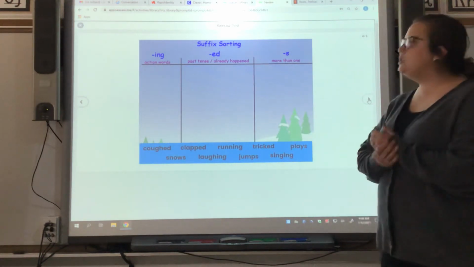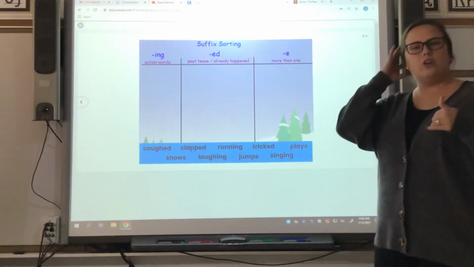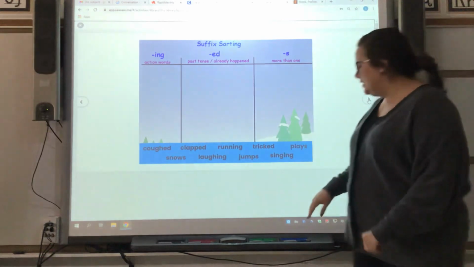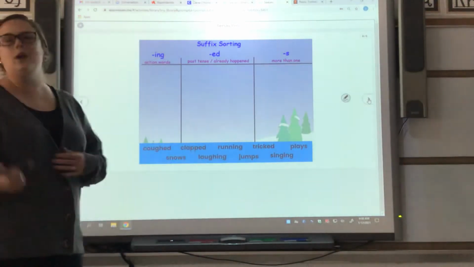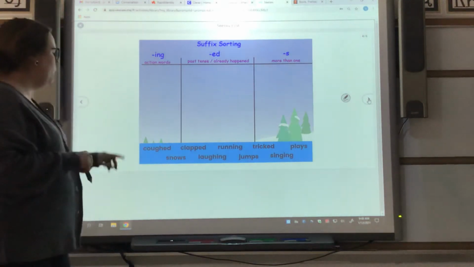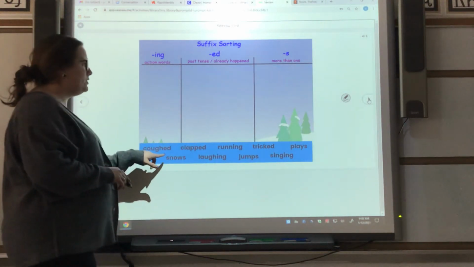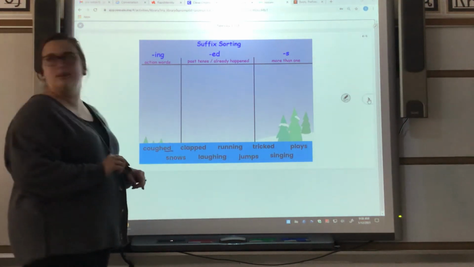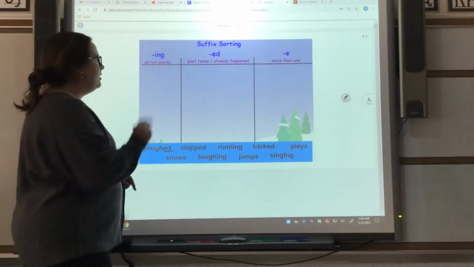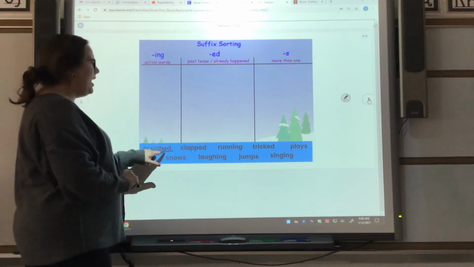All right, and we have a sort right here. We're going to do a few together, and then you can do some at home. Instead of sorting them, I'm just going to write them in the blank for you, and you can do the same. So we're looking at the word coughed. You can look at the end right here to see which suffix it would belong to. So it has ed.